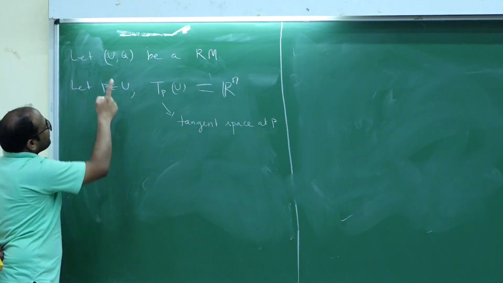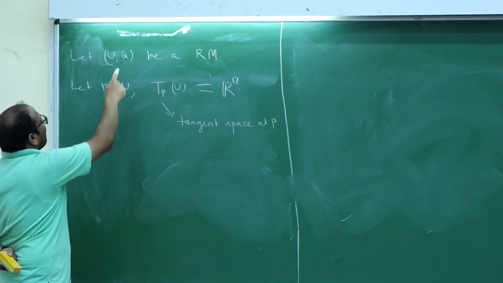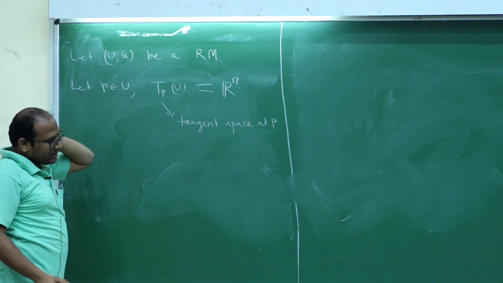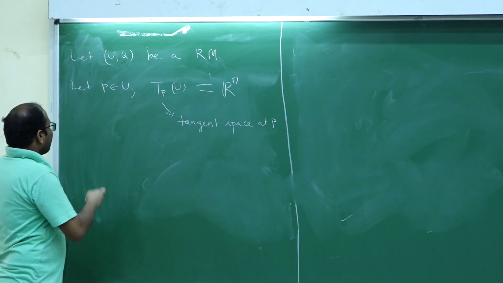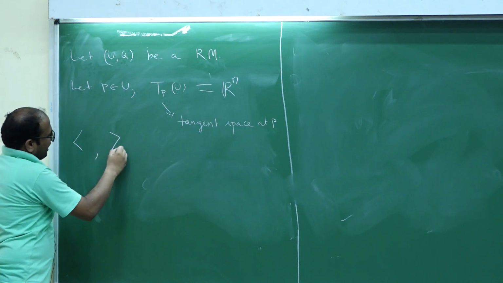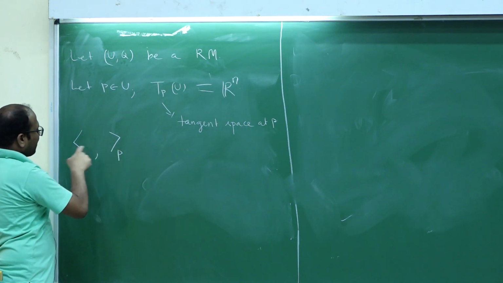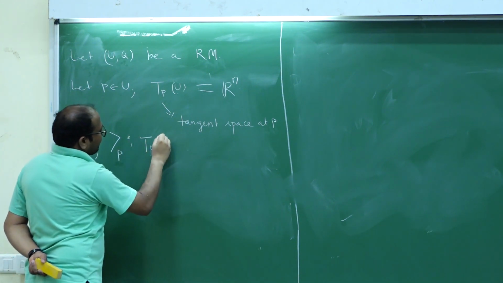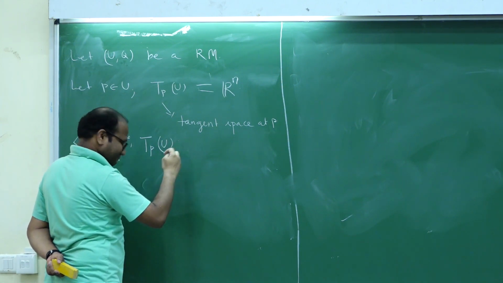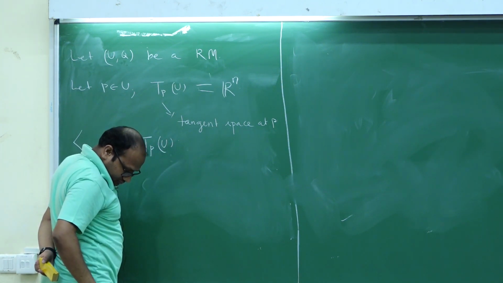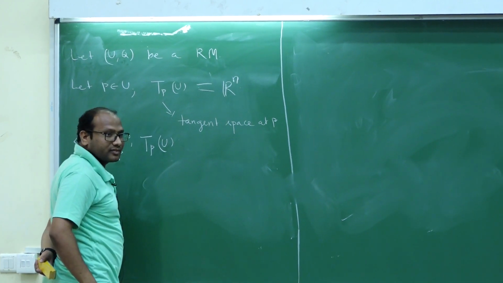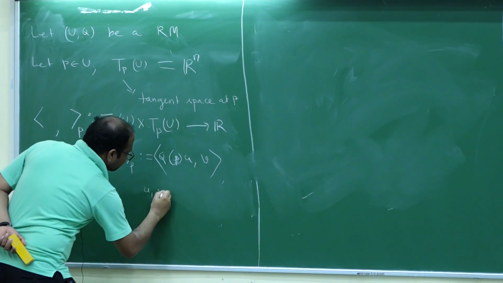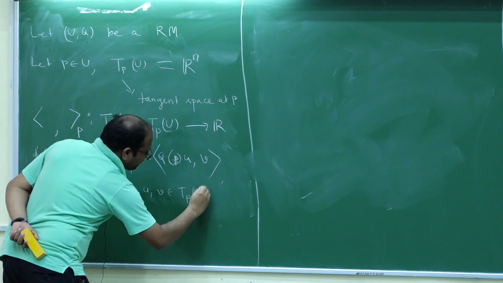Now this Riemann metric Q will induce an inner product on T P U. That inner product I will denote by this inner product with a subscript P.